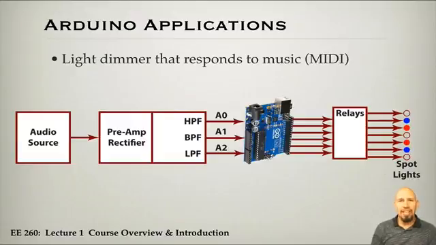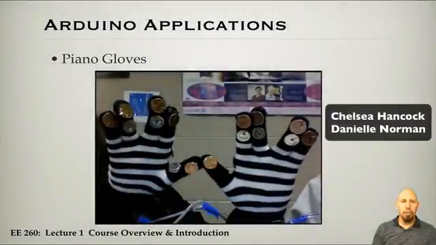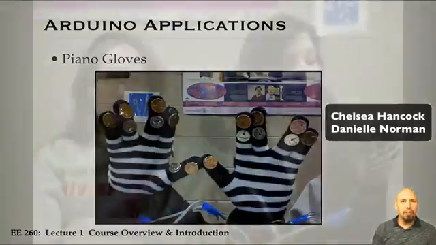Okay, so here's an example of lights being controlled like at a concert by music, responding to the music. Here is another interesting application called piano gloves, and I'll let the ladies speak for themselves about this.